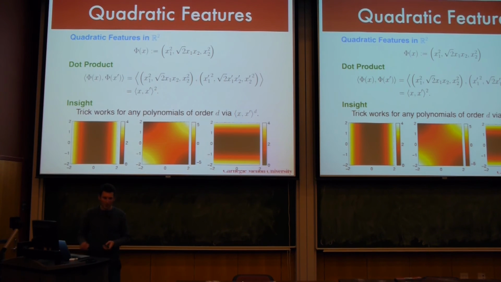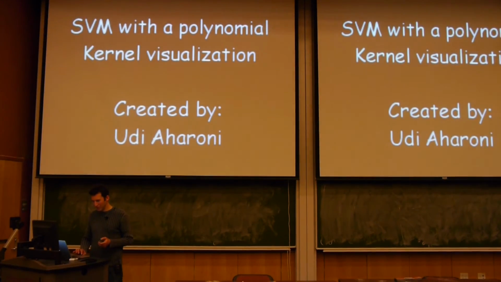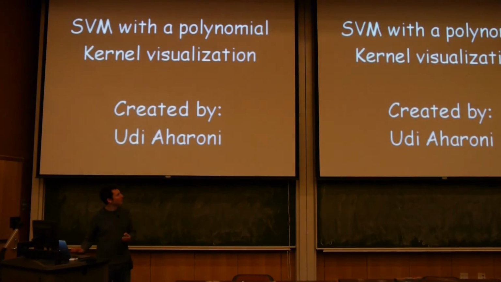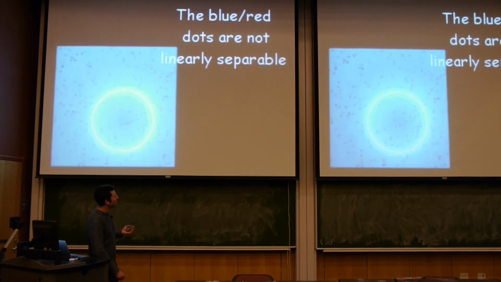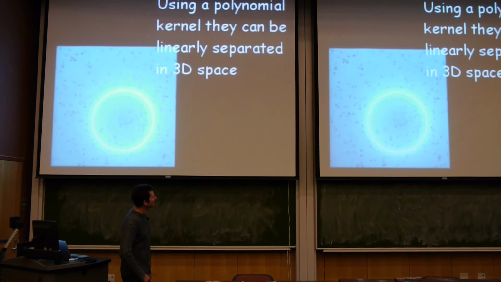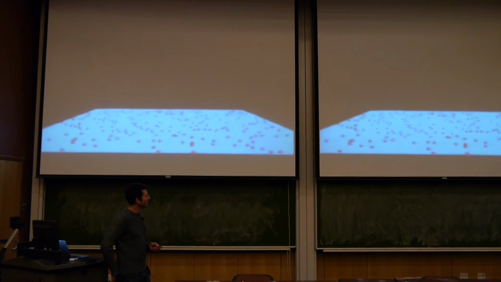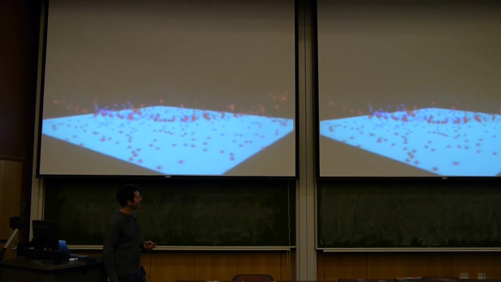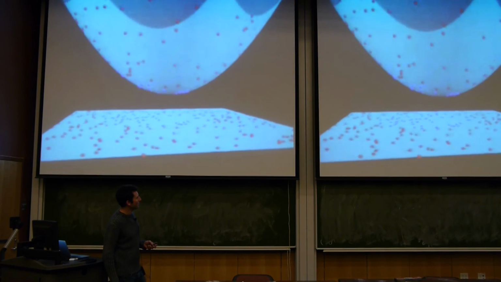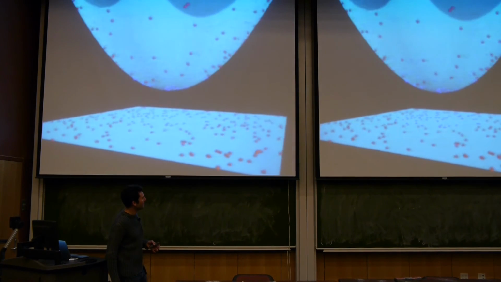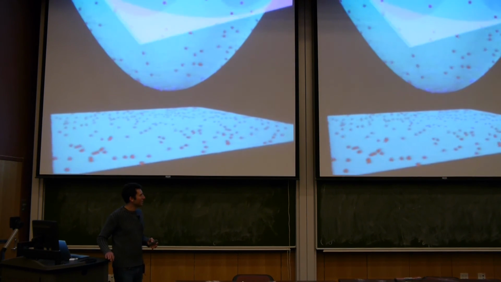But as soon as you go to higher dimensions and higher degree polynomials, this becomes quite costly. So you can do that. Applying the kernel, the data becomes separable with a hyperplane.